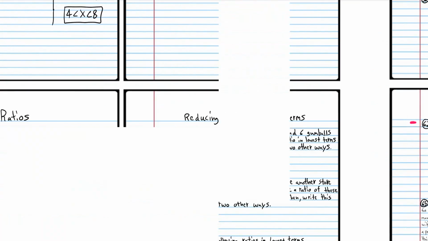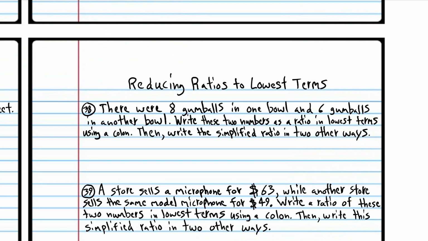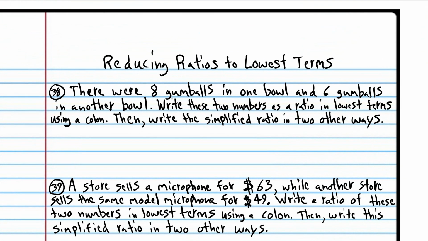Now we're just going to reduce ratios. There were 8 gumballs in one bowl and 6 gumballs in another bowl. Write these two numbers as a ratio in lowest terms using a colon, then write the simplified ratio in 2 other ways. So I'm going to do this problem. It says using a colon, so I'm going to say 8 to 6 with a colon. But that's not lowest terms. We need lowest terms. So I'm going to write a little arrow here.